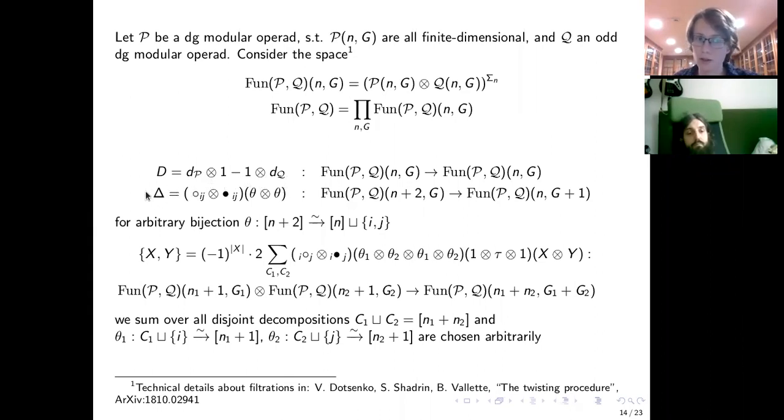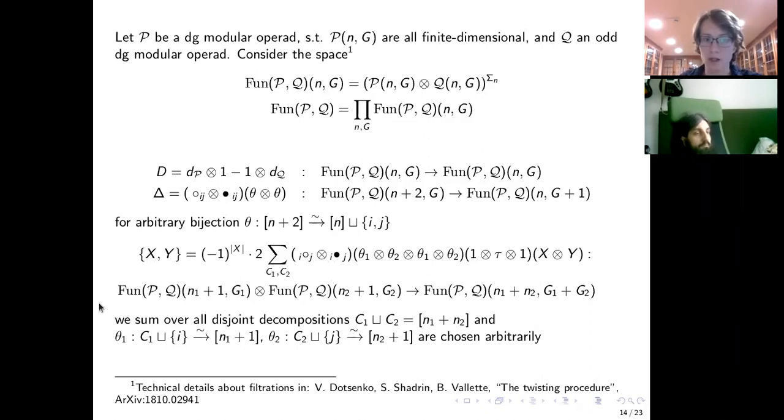I get the Laplacian, which will be of degree 1 as we want, because here the composition from the operad P is of degree 0, but the composition of the operad Q will be of degree 1. It's the odd modular operad. And we will have also the bracket, which will be given by the composition between two components.